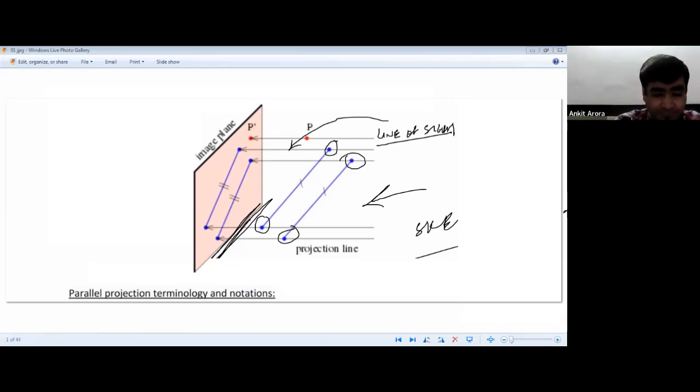But in this particular case, you will just have two lines of sight that are not meeting and are parallel to each other. So a parallel projection corresponds to a perspective projection, but with an infinite focal length.